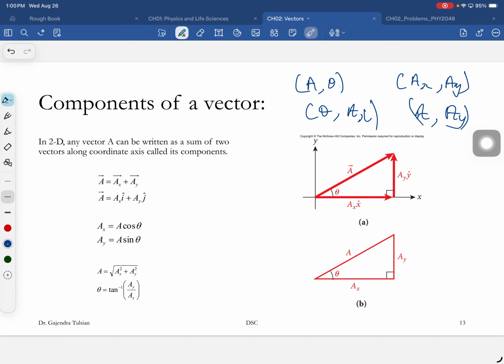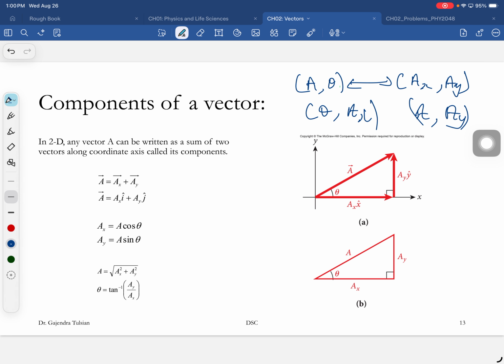It's just that this information is in English, this is in Spanish. That's all. So this is the component form, this is magnitude and direction. And so obviously there'll be situations where you have to translate from one language to another.